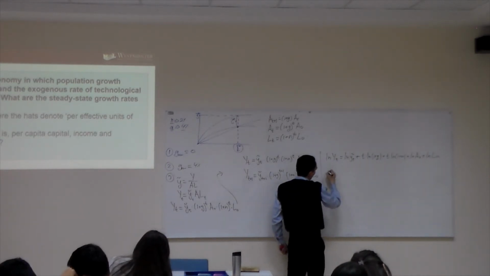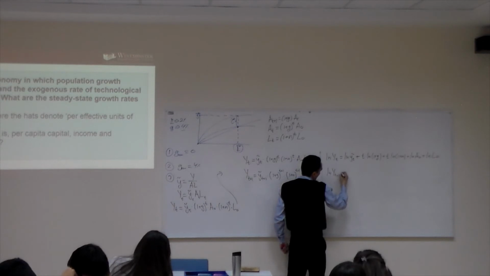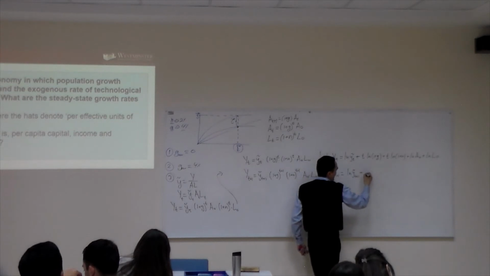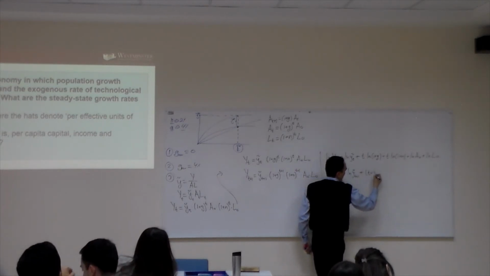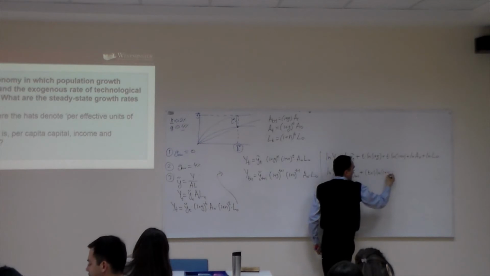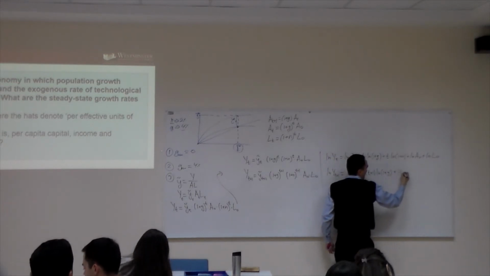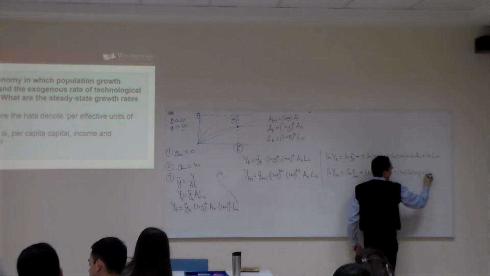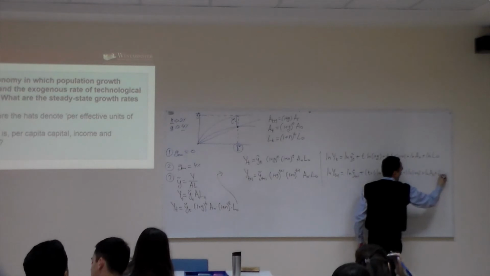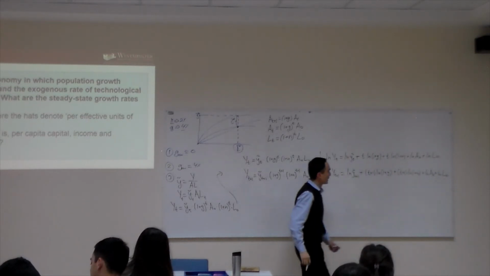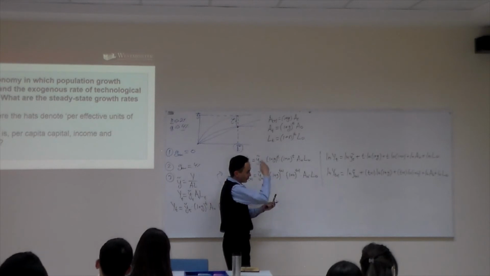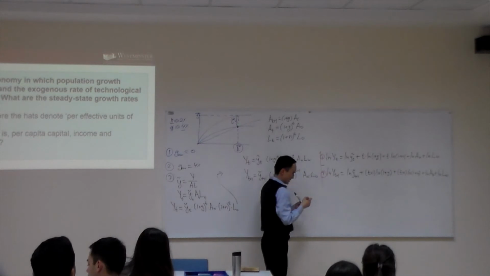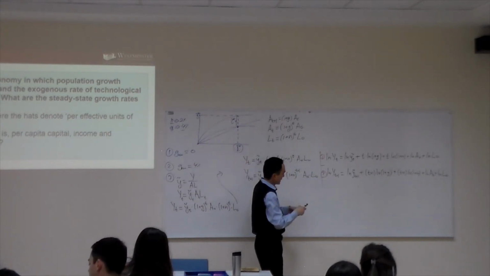For the second one, ln Y_t+1 equal to ln y hat t+1 plus (t+1) times ln(1+g) plus (t+1) times ln(1+n) plus ln A0 plus ln L0. Now again, we will subtract these two, the second equation from the first.